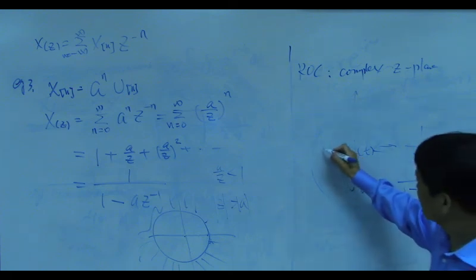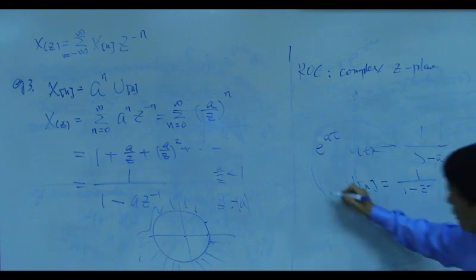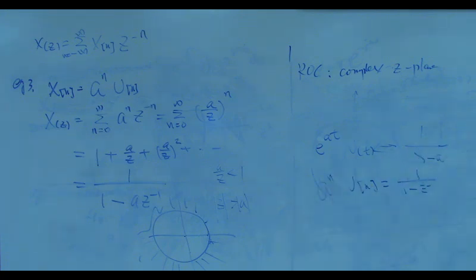And if this one is e to the negative at, or e to the at, this will change to s minus a, right? And if this one is a to the n, this will change into a here. So now you know that at the beginning we discussed how to do the inverse Laplace transform. You know the importance of this. All right? Again, memorize this.